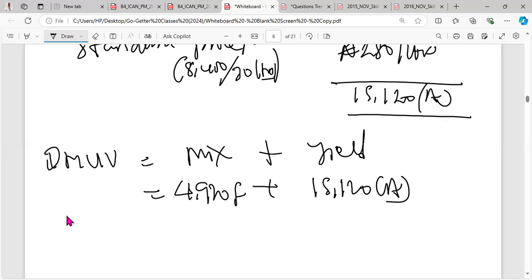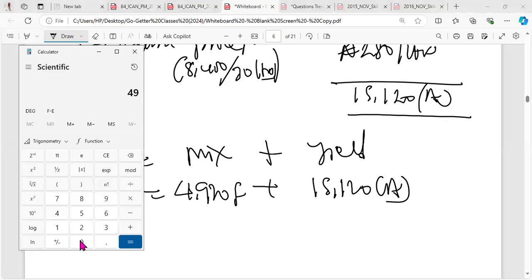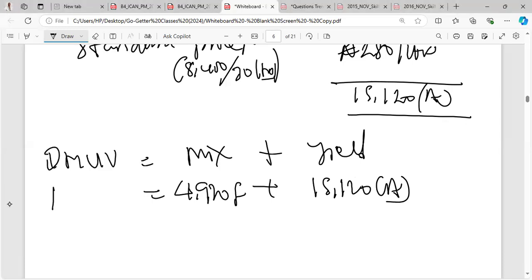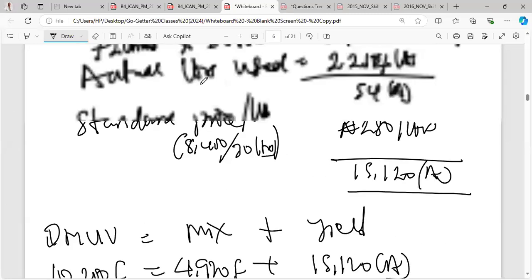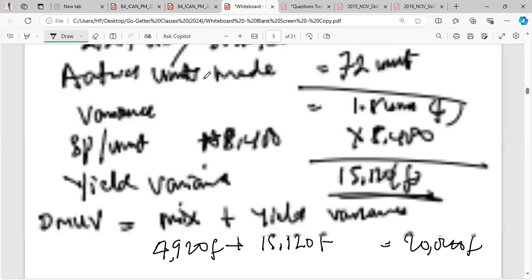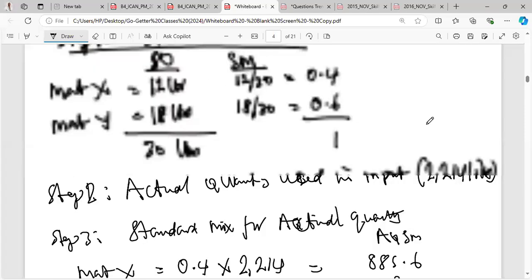So 4,920, that's favorable, plus 15,120, that's adverse, gives 10,200.